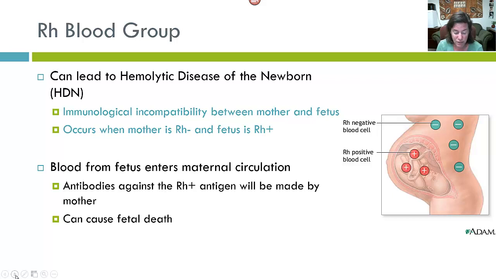Blood from the fetus enters maternal circulation through the placenta because it's not a perfect transition, and the mother will make antibodies against the Rh positive antigen. The mother's body tries to get rid of the Rh positive antigen, and it can cause fetal death. It can also cause maternal death as well. So it's a very, very dangerous condition.